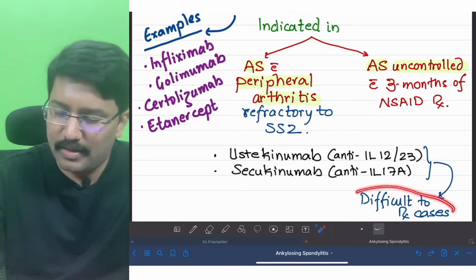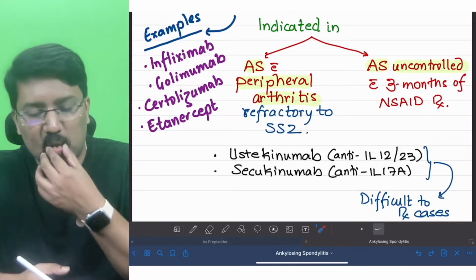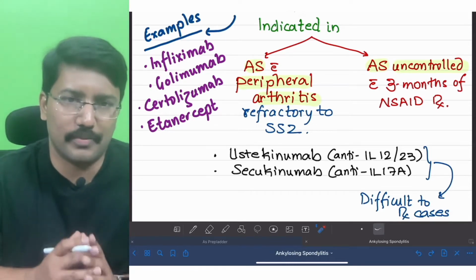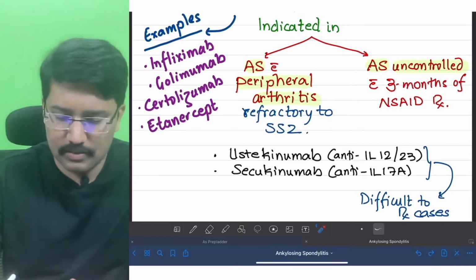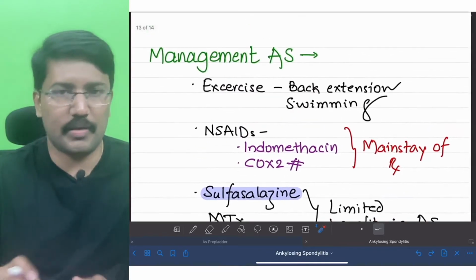This is reserved for when TNF alpha therapy fails. We think of these drugs. I don't think the doses and the schedule of administration are particularly important for undergraduate students. So I think this is fair enough information for us to get prepared for the upcoming examinations.